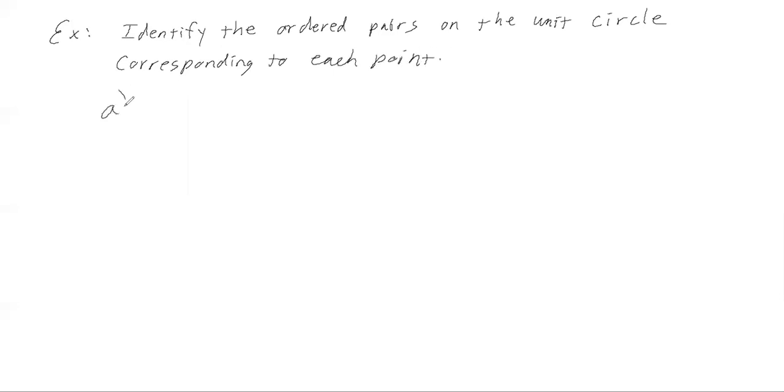Part A, they give me t is equal to pi over 3. What is the ordered pair on the unit circle that goes with a t value of pi over 3?